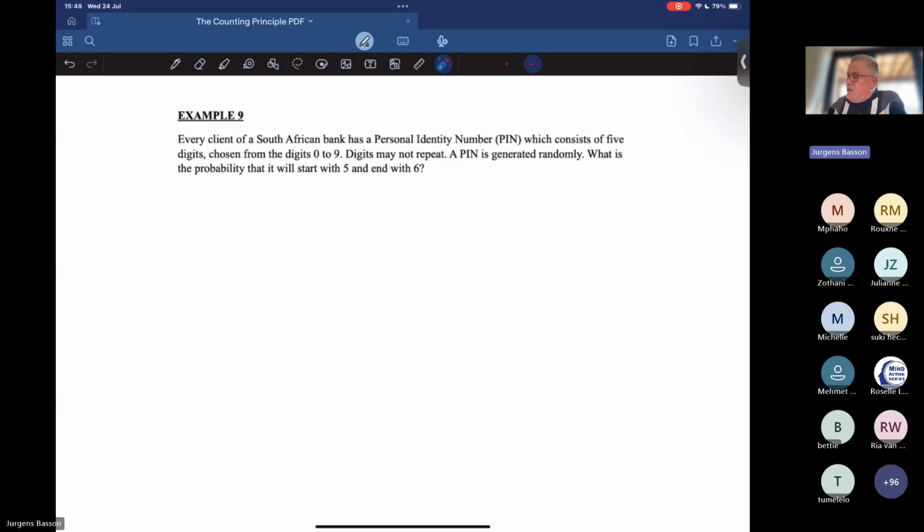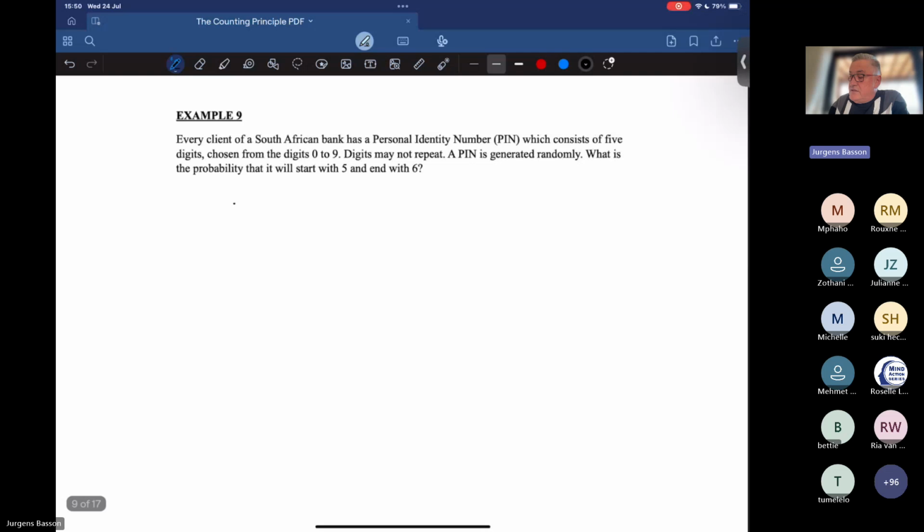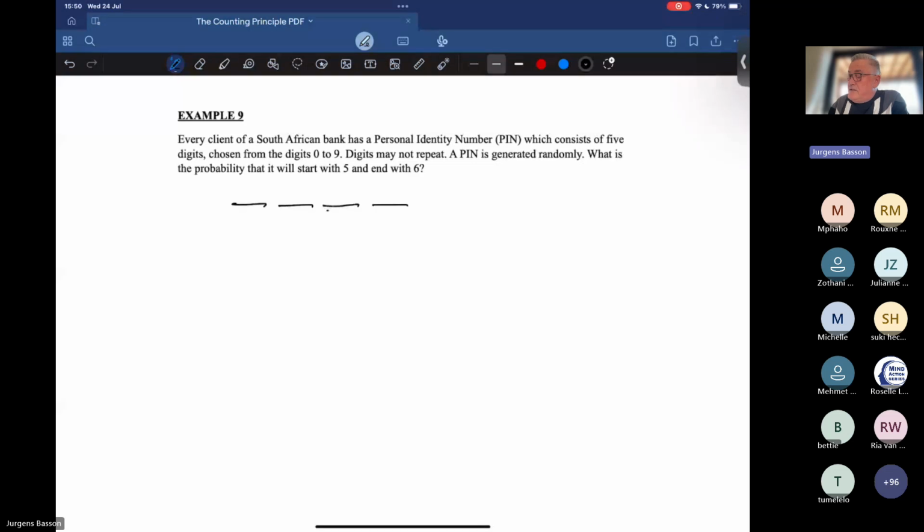And they say it consists of 5 digits. Now, the moment I read this, 5 digits, it sounds to me like, if I can just draw the 5 lines, 1, 2, 3, 4, 5, that I've got only 5 positions available because that is my PIN number.